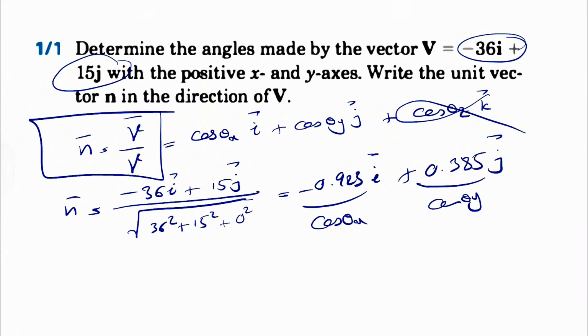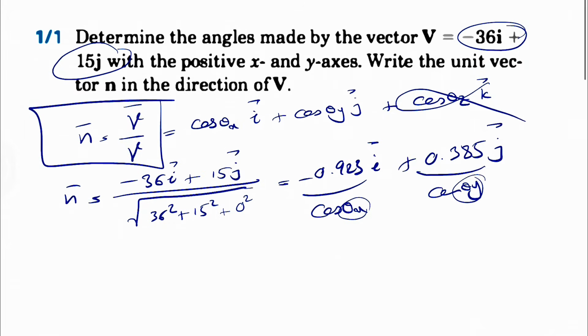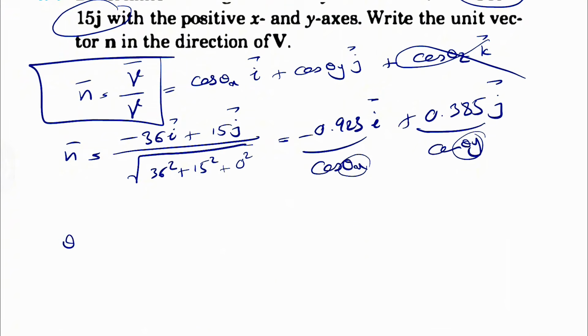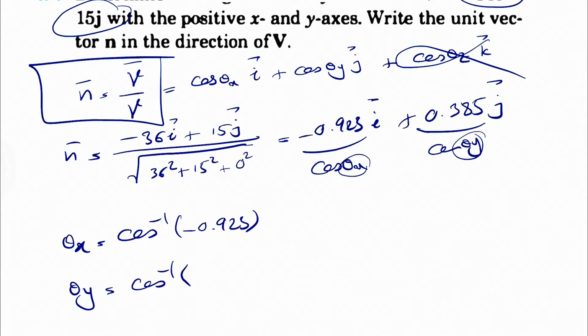As I mentioned, this part is equal to cosine of theta x, and this will be equal to cosine of theta y. And theta x and theta y is basically the angle with the positive x-axis, angle with the positive y-axis. So for finding the theta x, we basically have cosine inverse of minus 0.923, and for y, we're going to have cosine inverse of 0.385. Let's see what we get for each.